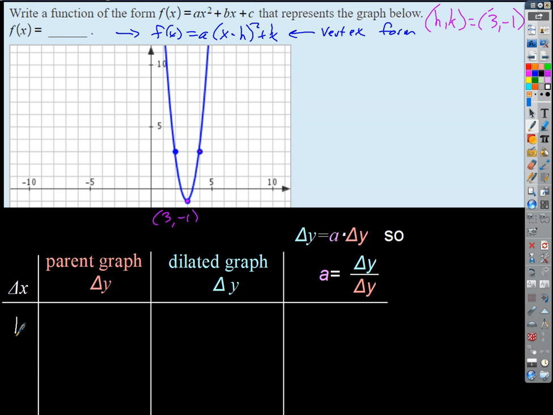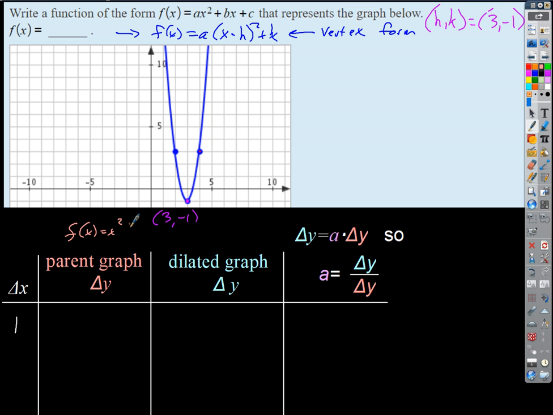Now where would our parent graph be? We go over 1, we go up 1 on our parent graph, because our parent graph is just x squared. We're always going to compare this one, which has been stretched, to the shape of f of x equals x squared. That's our parent graph.